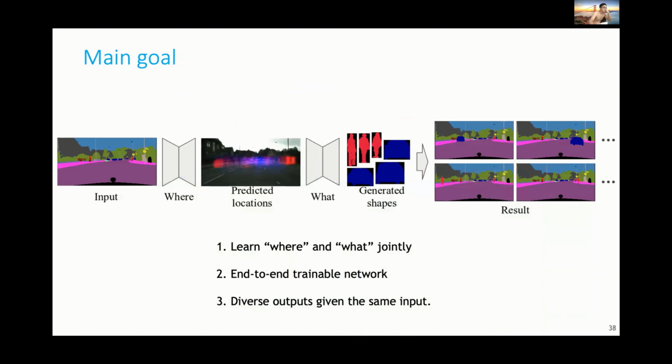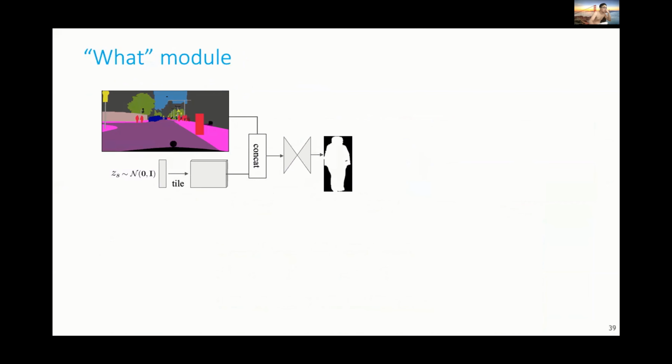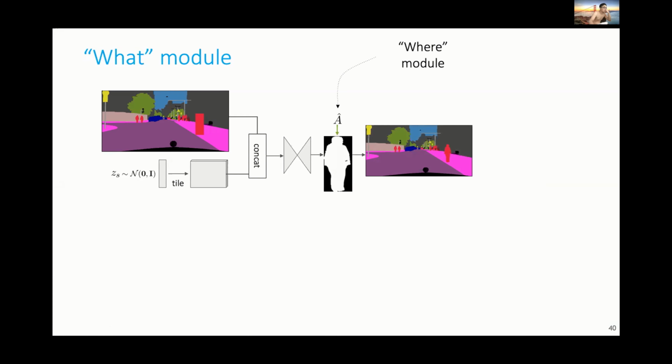Okay, so once we have this where module, the next one is the what module. We also need to generate shape. So we take the bounding box predicted by the where module, and then we use that to synthesize shape at that position. Similar to the previous one, we still take a random vector.